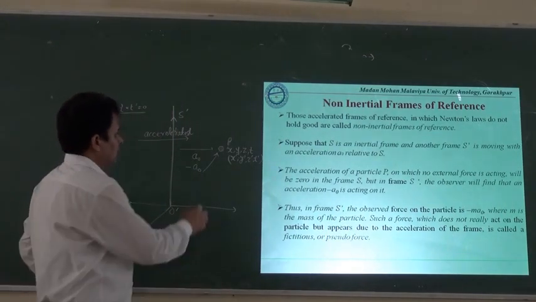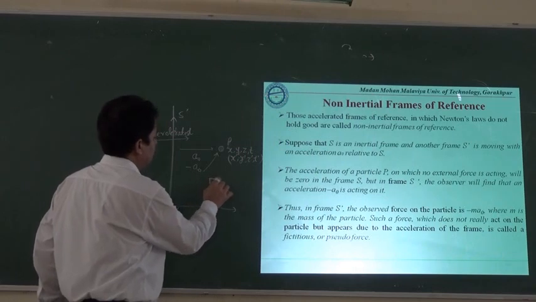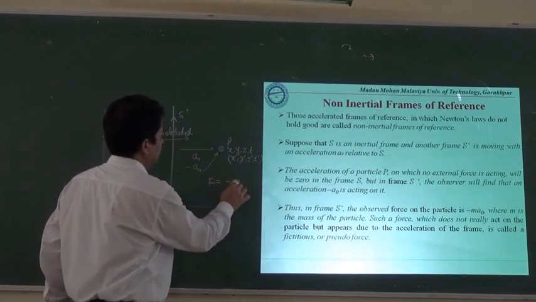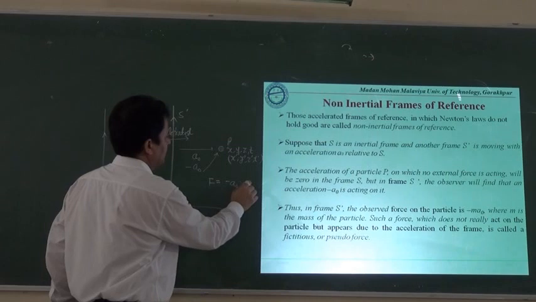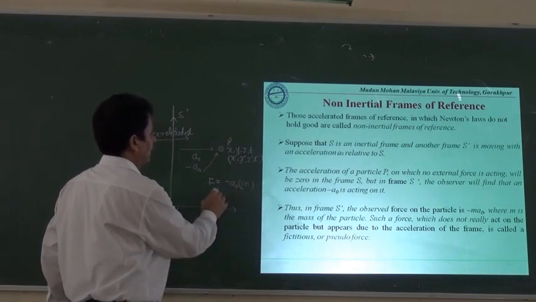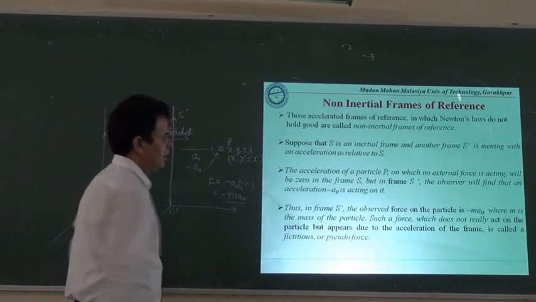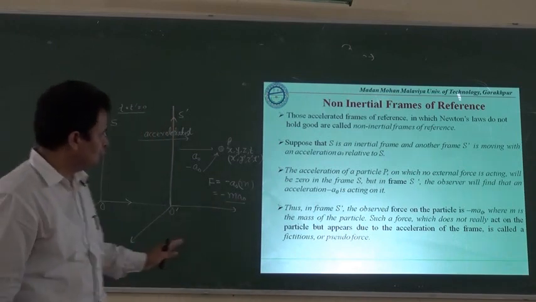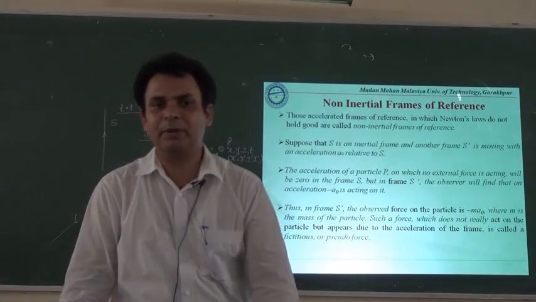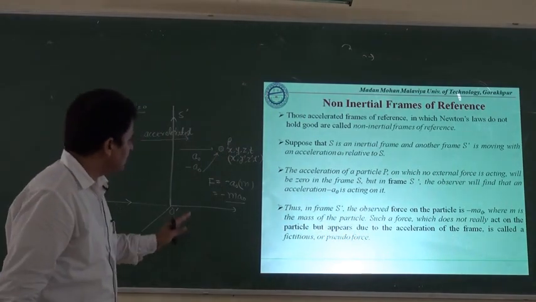This minus a0 will give a force. That force will be equal to minus a0 multiplied by the mass of the body, and this minus m a0 is known as the fictitious force or the pseudo force acting on P. Why fictitious?